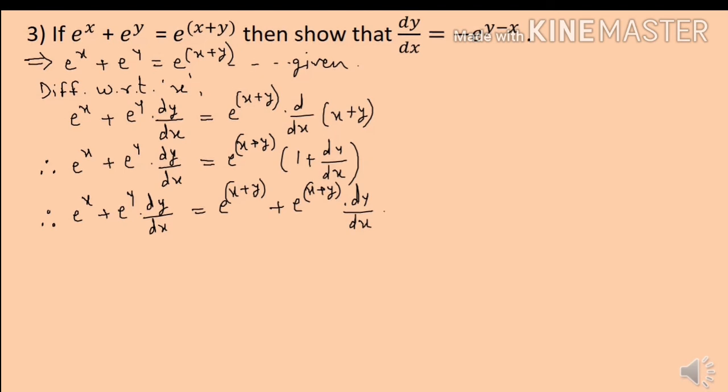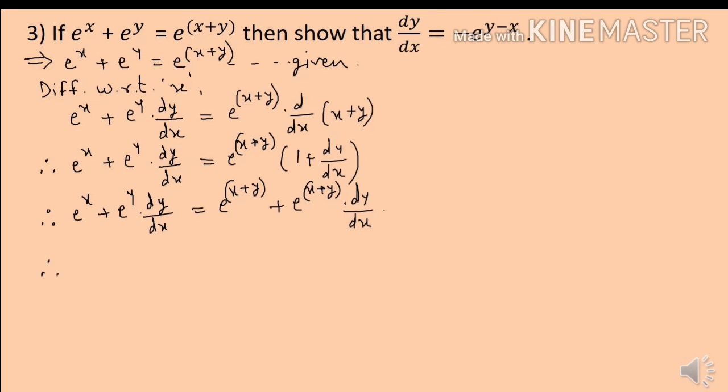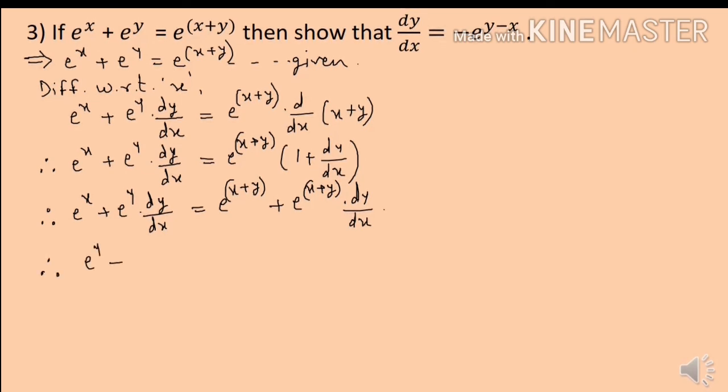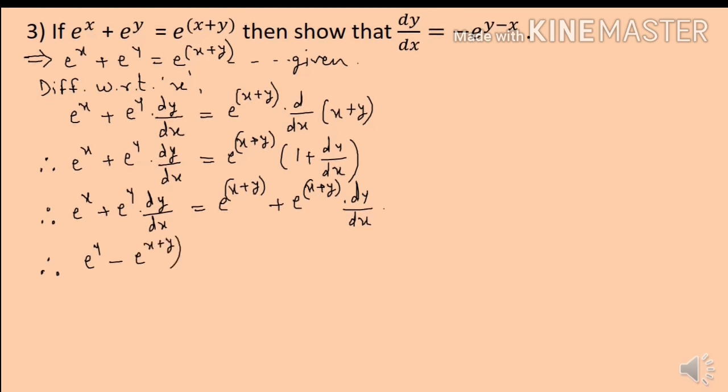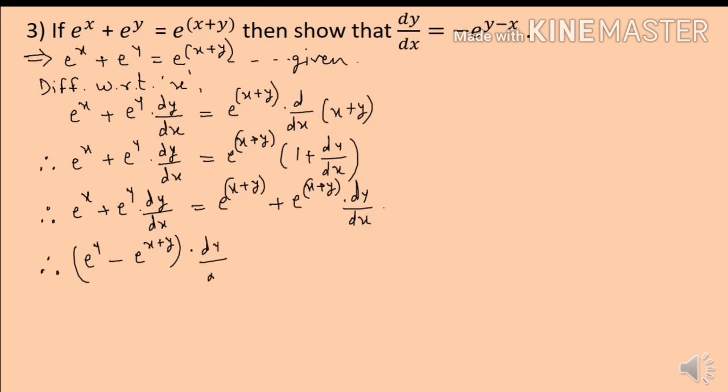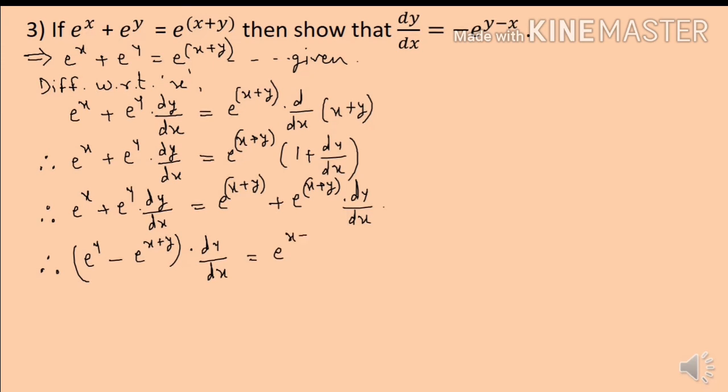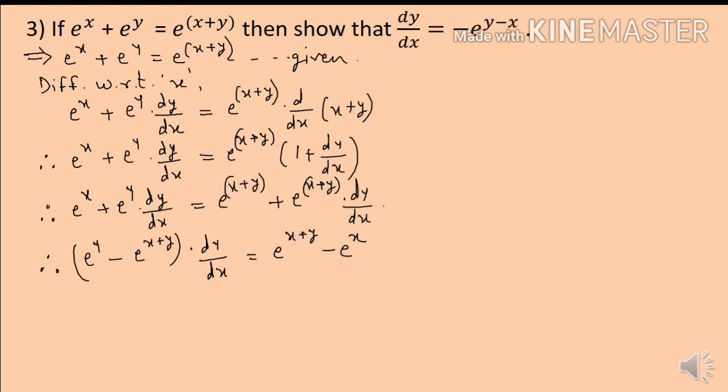Now let us collect all dy by dx terms. So therefore e raised to y minus e raised to x plus y into dy by dx is equal to e raised to x plus y minus e raised to x.